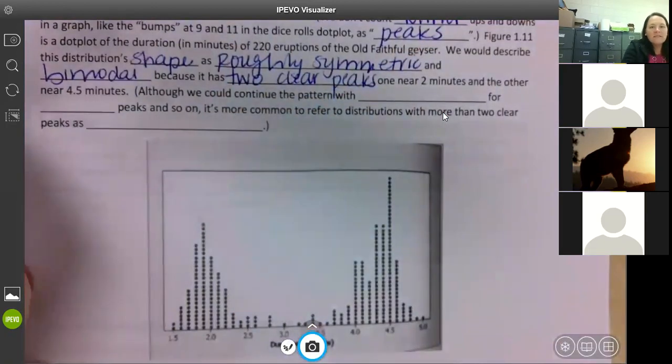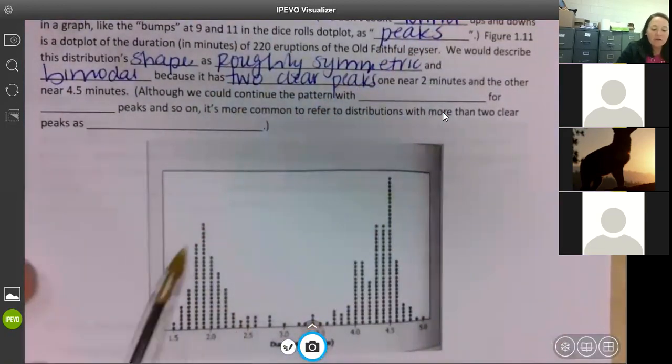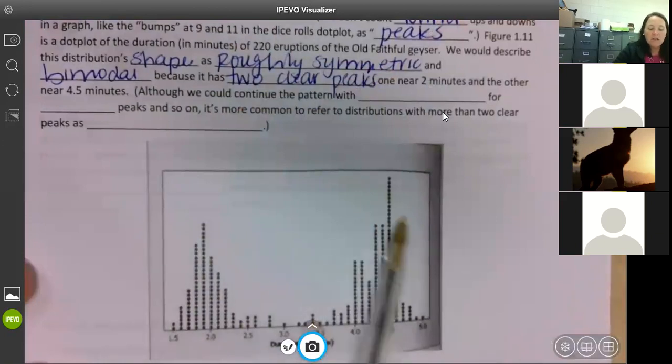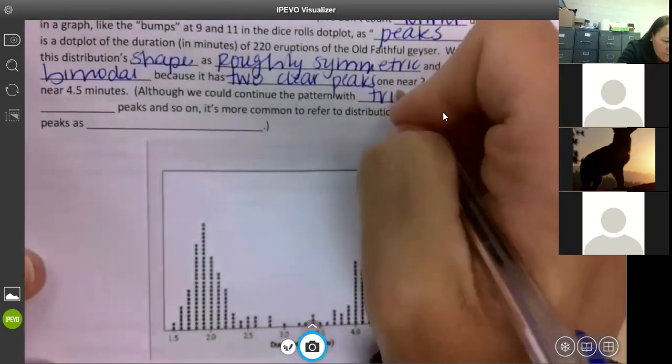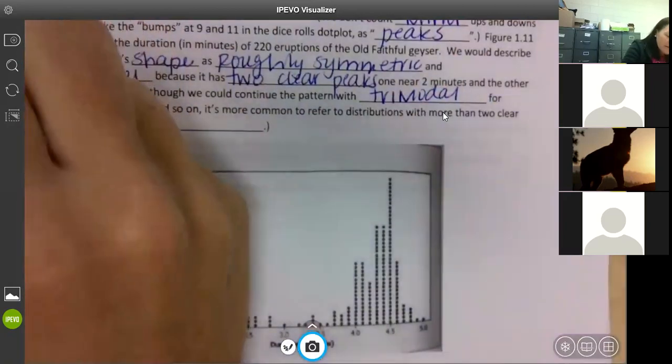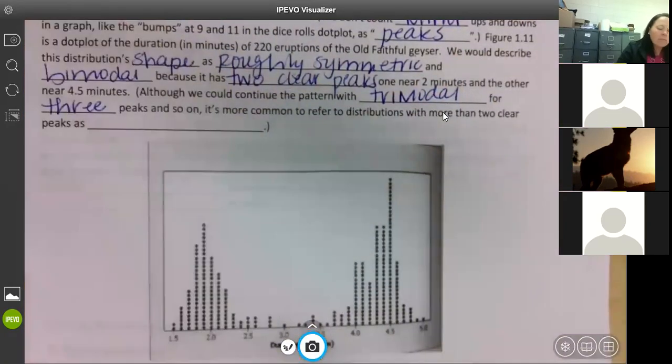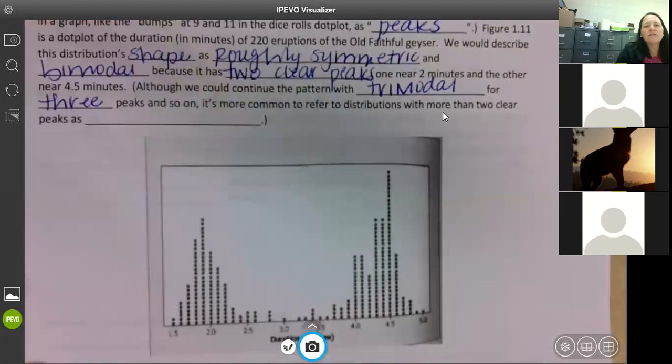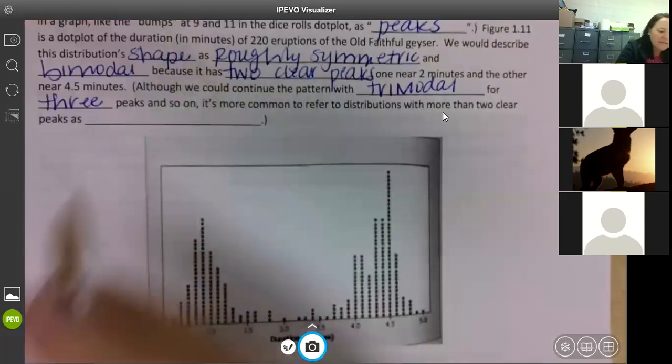So again, the ones at the top are minor. These are like, look, there are clusters of data here, clusters here. One near 2 minutes and the other near 4.5. Although we could continue the pattern with trimodal for 3 peaks and so on, it's more common to refer to distributions with more than 2 clear peaks as multimodal.